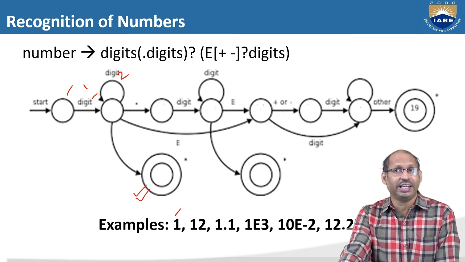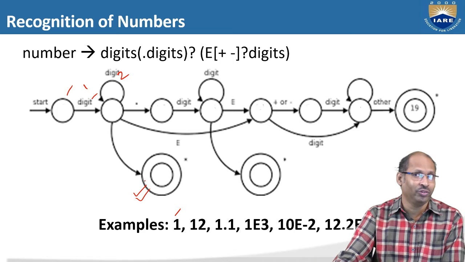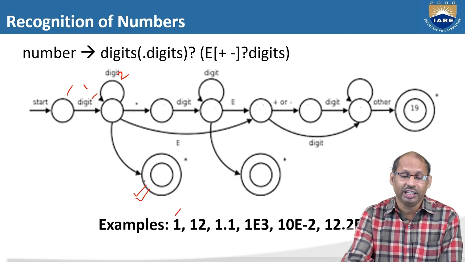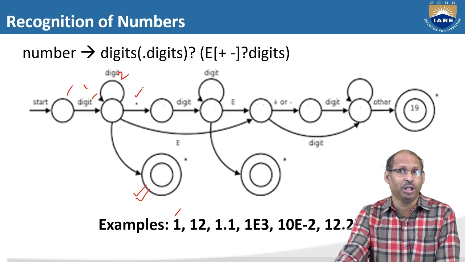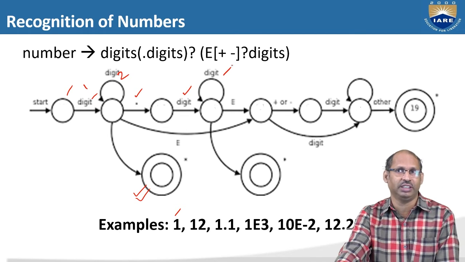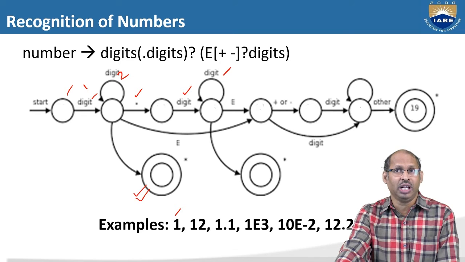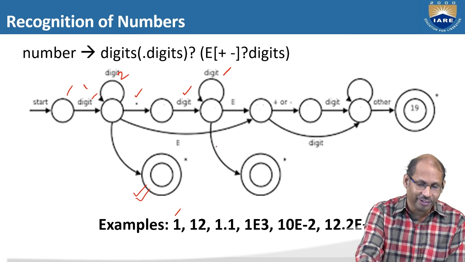The optional part means it may reach this one if it only has digits. If it is a dot, it is a decimal point, and it will be followed by one or more digits. The optional part says that if there is a decimal point, then it must be followed by a sequence of digits. Then it is followed by white spaces.